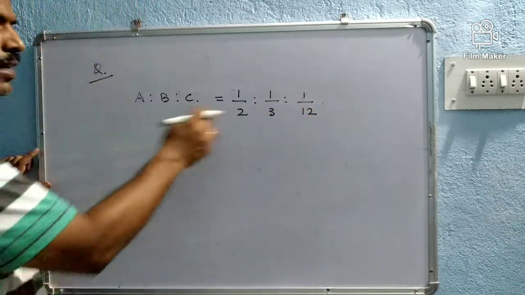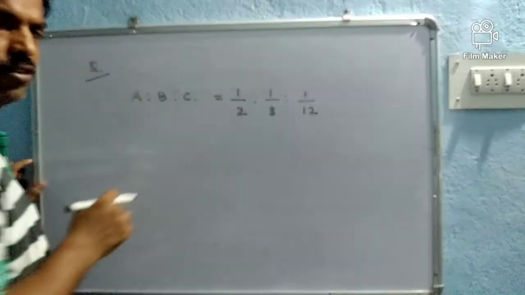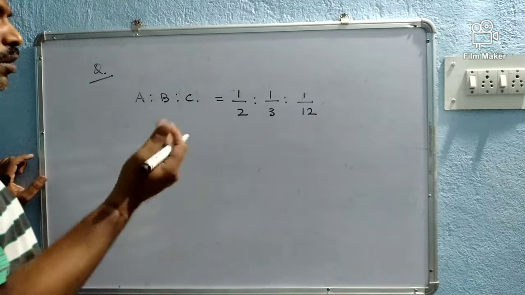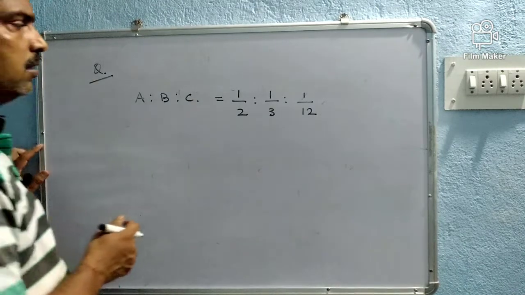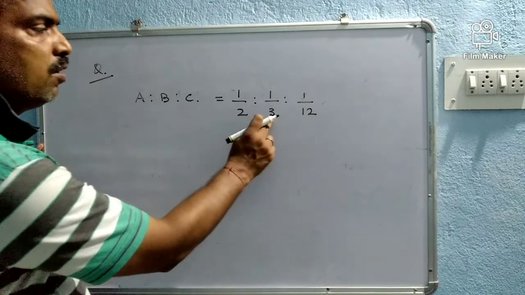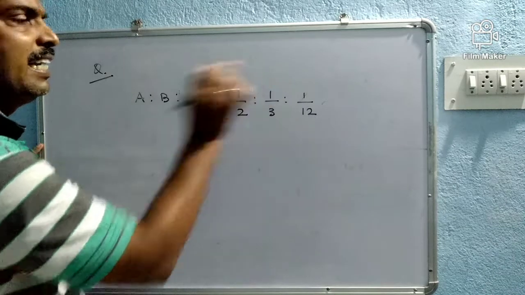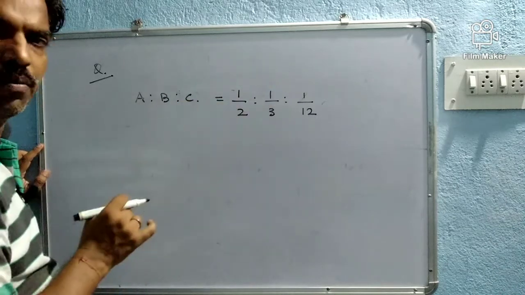So this ratio is given in fractions. How can you find it in a whole number ratio? Here, what will we have to do? We will have to find the LCM of the denominators, and thereafter multiply each term, so that we get the whole number ratio.